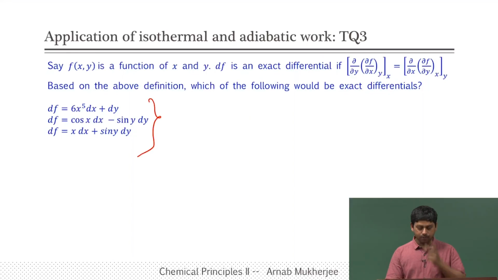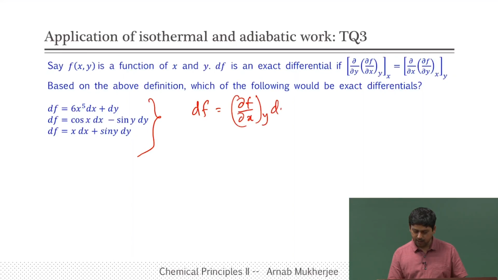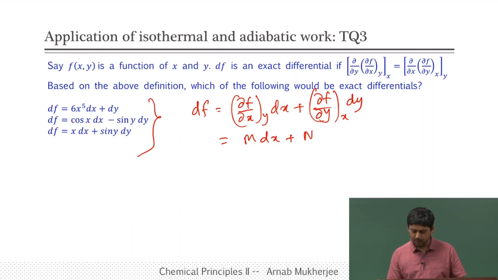If you remember, the formula for exact differential was that I can write df as (del f/del x) at a constant y dx plus (del f/del y) at a constant x dy, which we are calling M dx plus N dy.